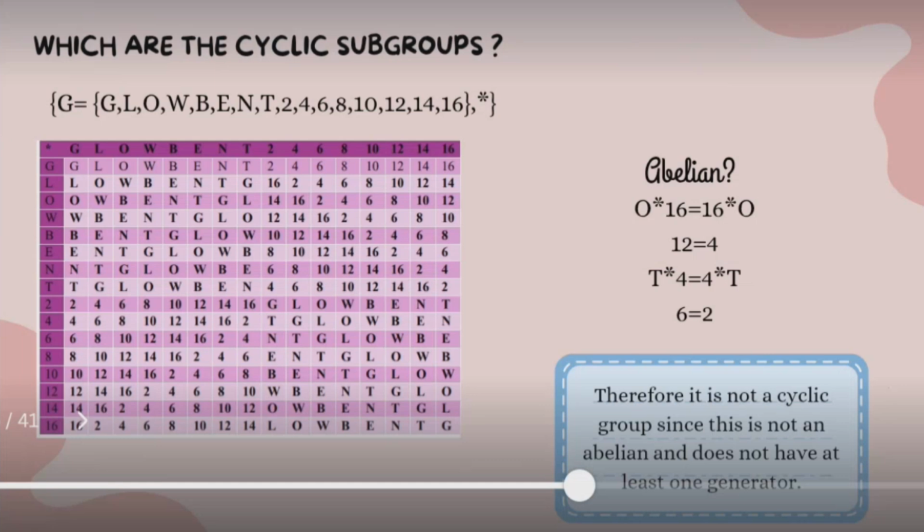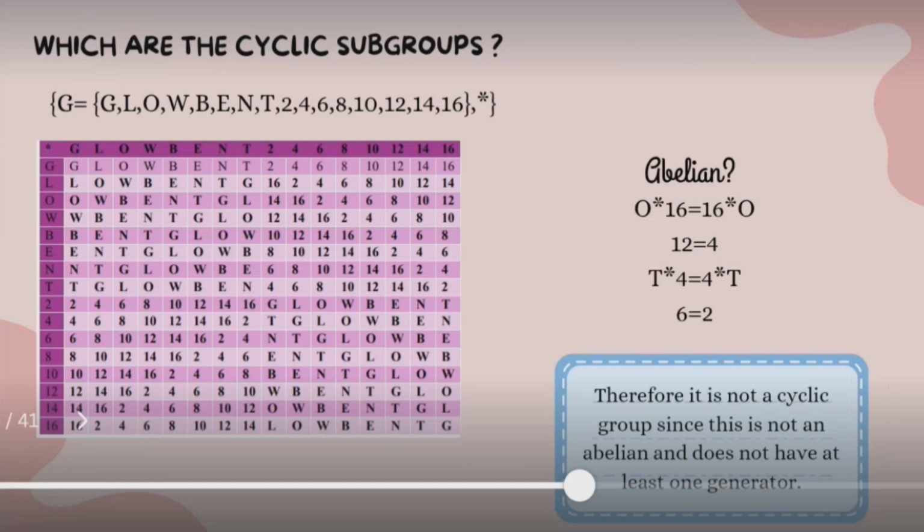Now we are going to determine if the group is also a cyclic group. As you can see on the table, this is not cyclic because it violates the two conditions: it must be abelian and it must have at least one generator. We try to check if it is abelian, but the result for 0 star 16 and 16 star 0 does not equal.